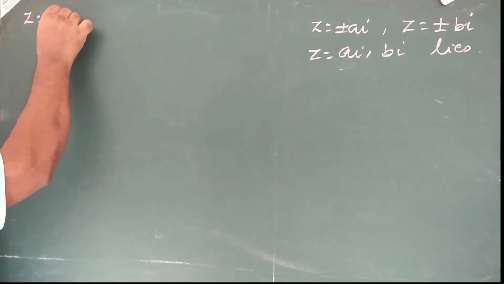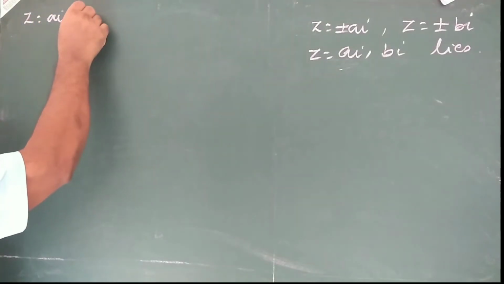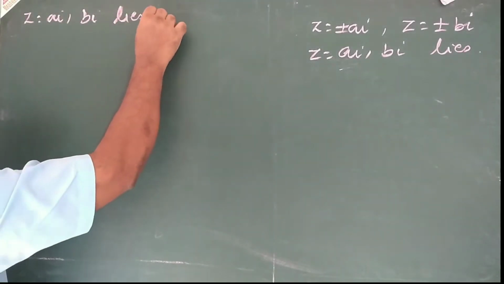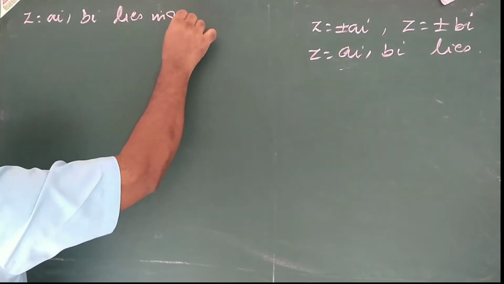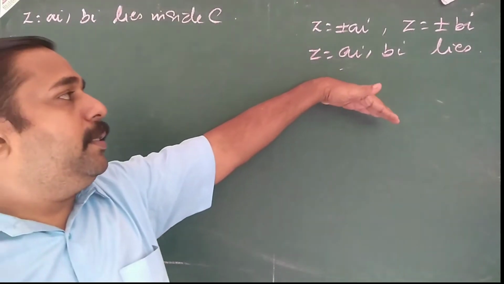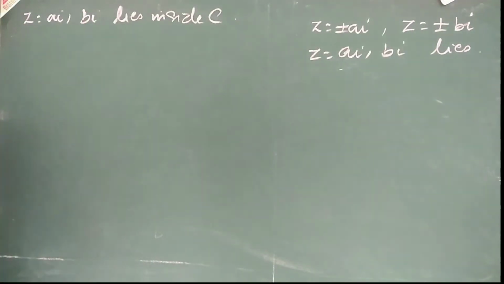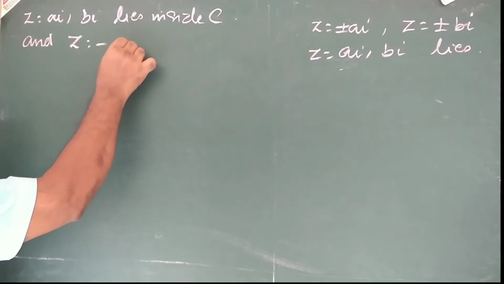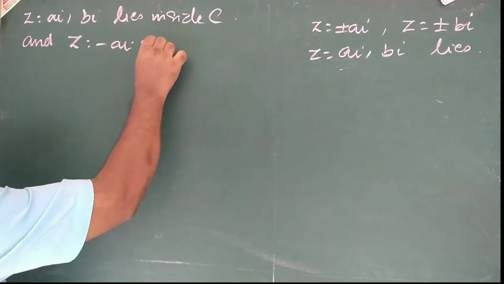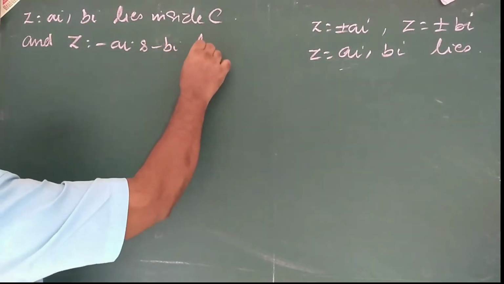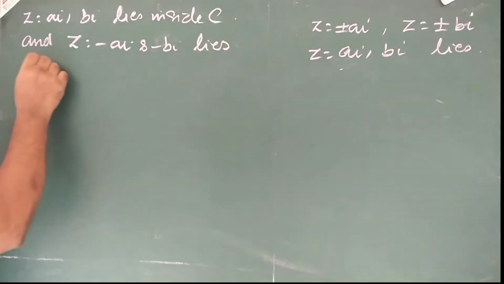So ai and bi lie inside C, because we take the positive only, which lies in the upper half, and minus ai and minus bi lie outside C.